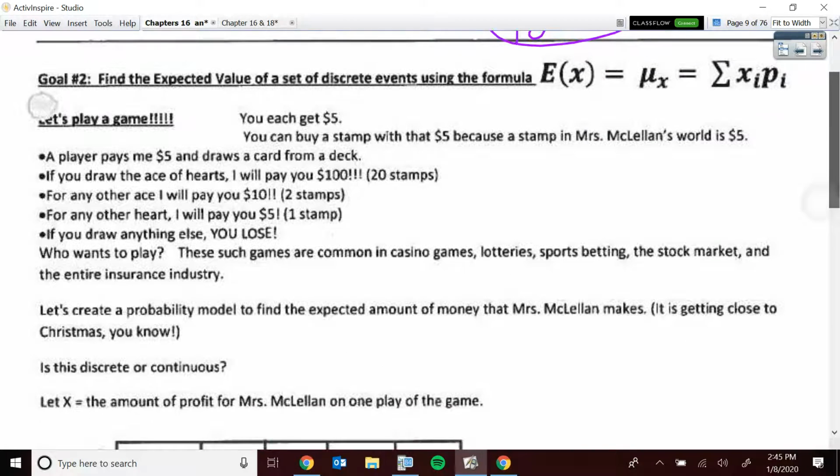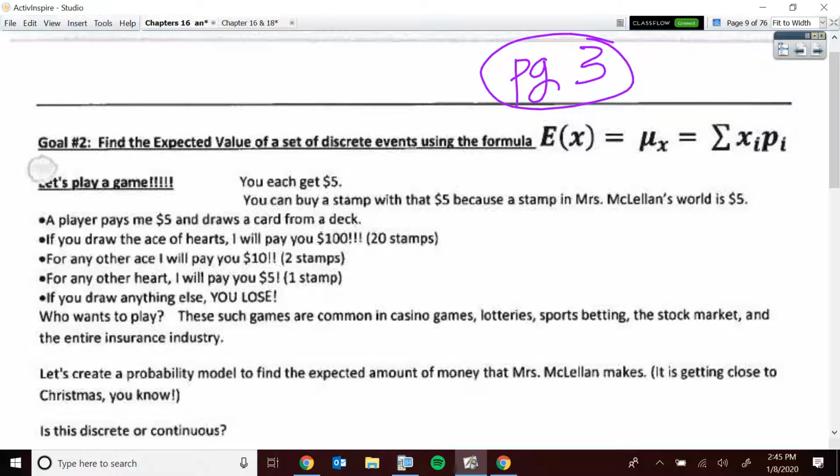Okay? We're going to play a game. I'm going to give you all a $5 bill of Monopoly money. And what you get to do with this is, this $5 pays for a free stamp. So you can either have that as a bonus at the end of the unit, or it could count as one of your homework things.